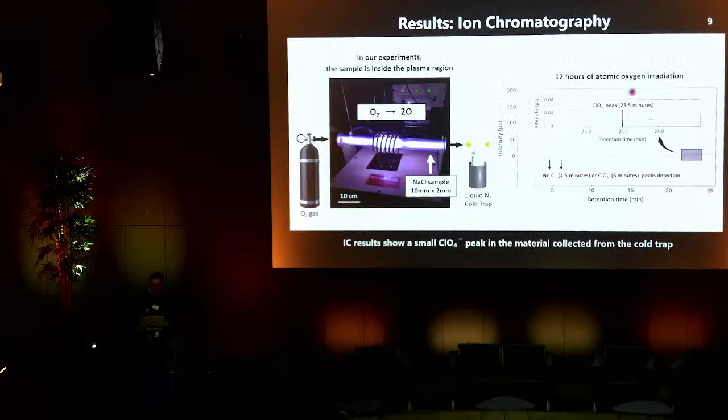Can you quantify how much chlorine is released in your experiment? You mean here? Yes. Calculate, and also chlorine oxide and chlorine atoms maybe? Yes, I'm not showing it here, but I estimated the amount of perchlorate that the area of this peak corresponds to, and it corresponds to a few layers of my disk.